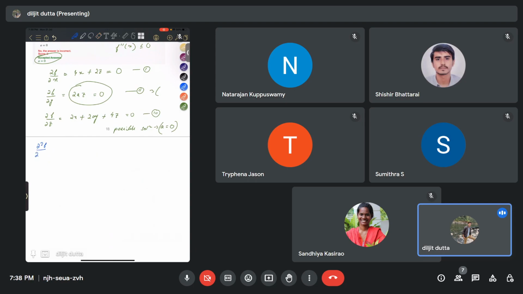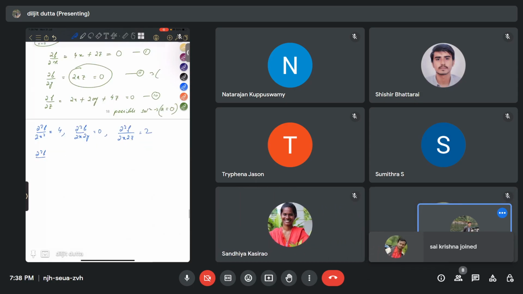Del square f by del x square is equal to 4. Del square f by del x del y is equal to 0. Del square f by del x del z is equal to 2. For the second term, del square f by del y square is 0, del square f by del y del x is 0, and del square f by del y del z is equal to 2a.